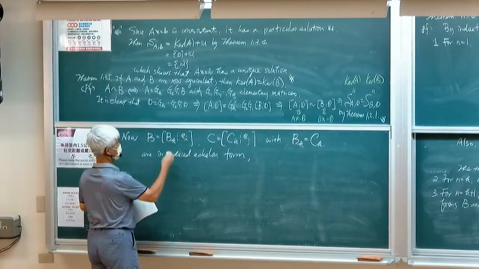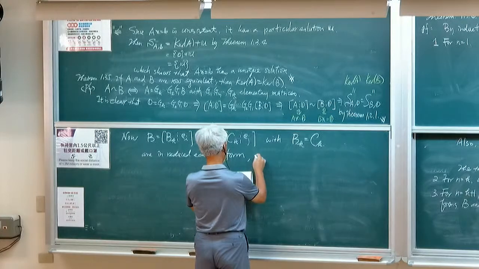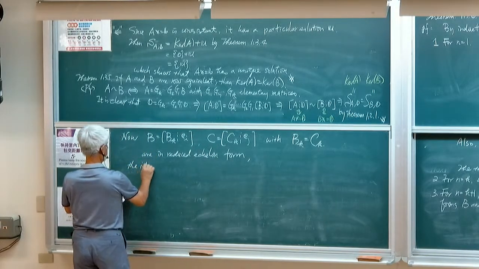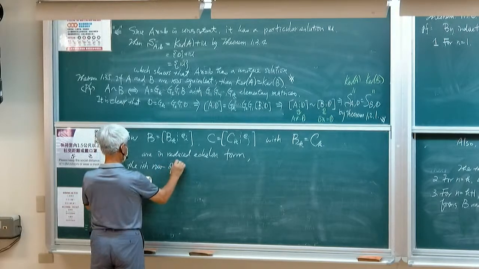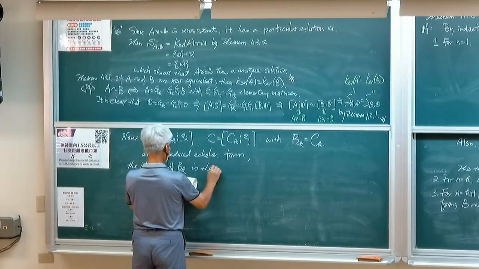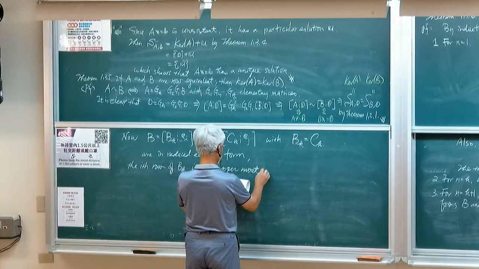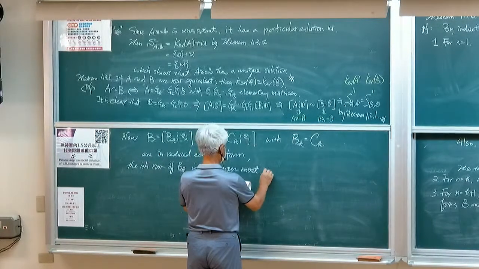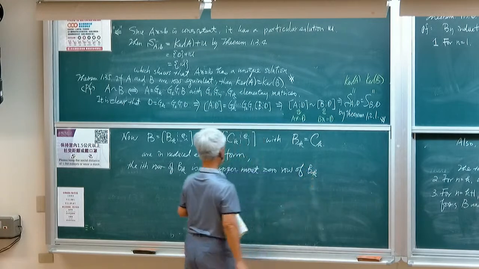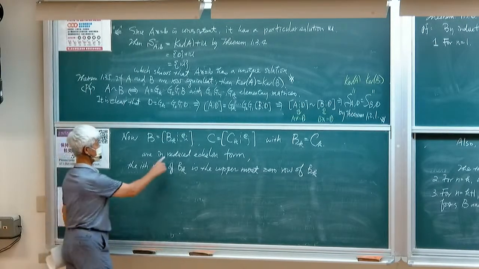So if this is e_i, the ith row of B_k is the uppermost zero row of B_k, because it's reduced echelon form.